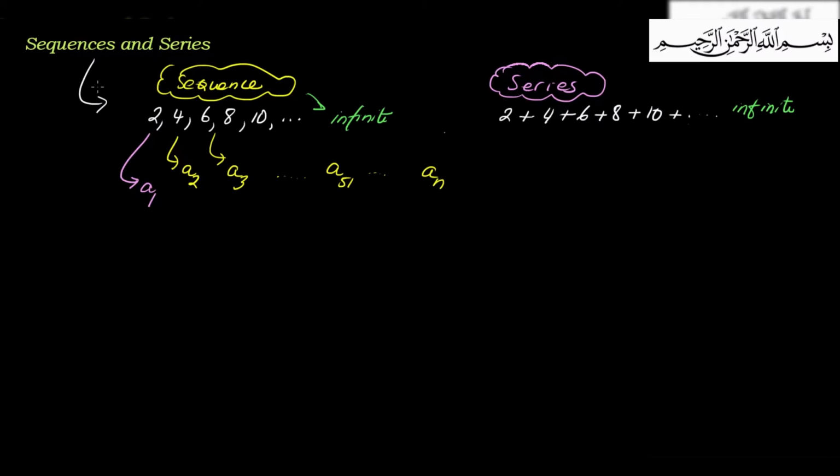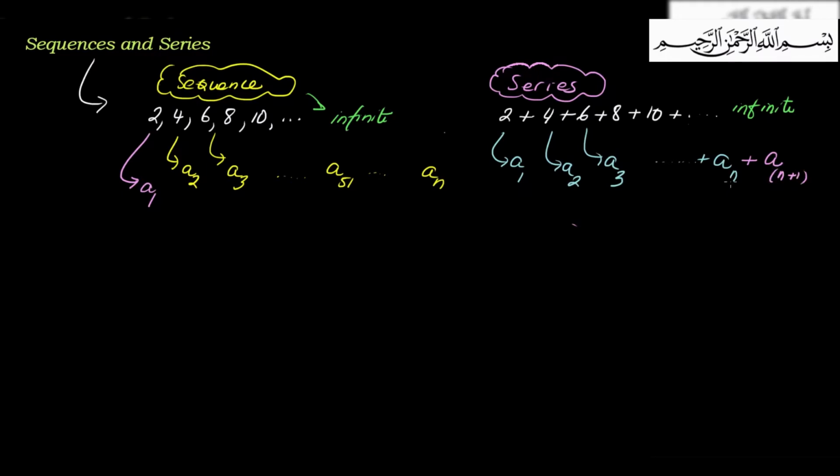Same thing with the series also. So you have the first term as A sub 1, the second term A sub 2, the third term A sub 3, and then we'll keep going like this, and then you get to a generic term, some term. Now you can call it A sub n. If you wanted to talk about the terms before and after this generic term, you could call the next term A sub n plus 1.